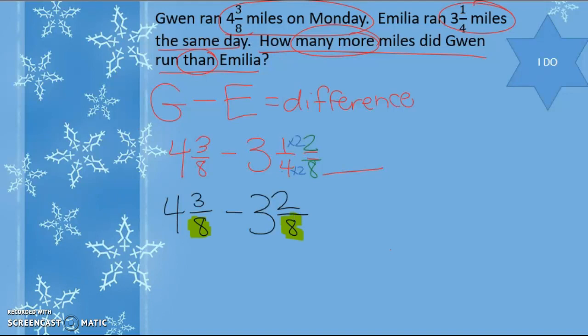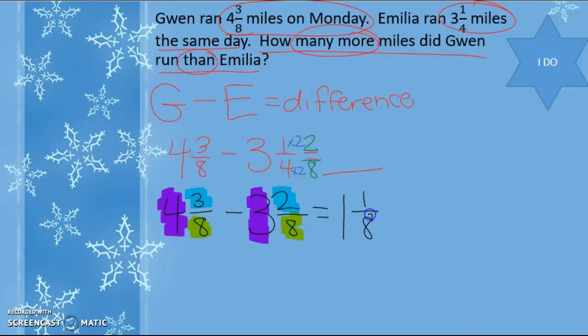Now, my next step is to first subtract the whole numbers. 4 minus 3, you are correct, is 1. And now we're going to subtract only the numerators because the denominators are the same, or the denominators are common. Now 3 minus 2 is 1.